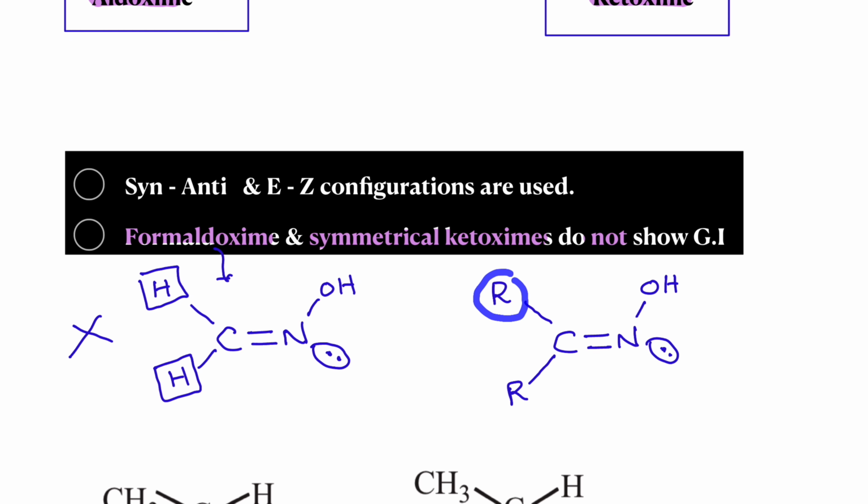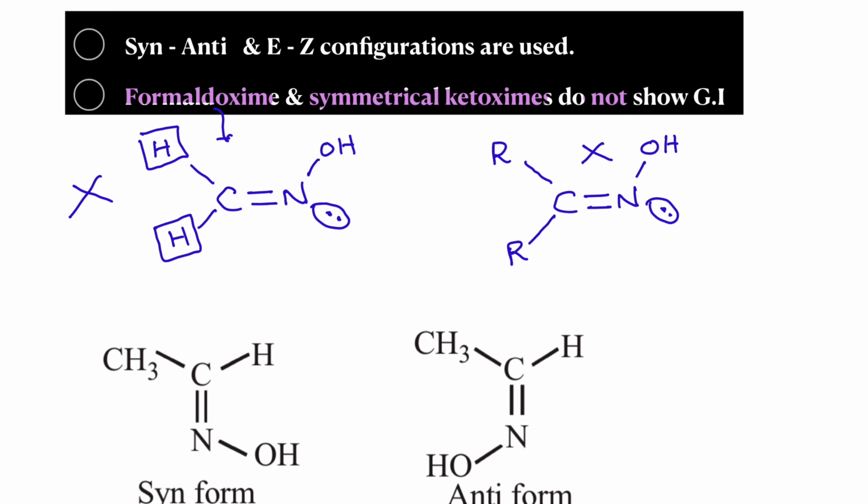Whenever these two groups are same, geometrical isomerism is not possible. So formaldoxime and symmetrical ketoximes do not show geometrical isomerism, and we have two types of configurations to represent geometrical isomers of oximes. One is syn anti configuration, another one is EZ configuration.